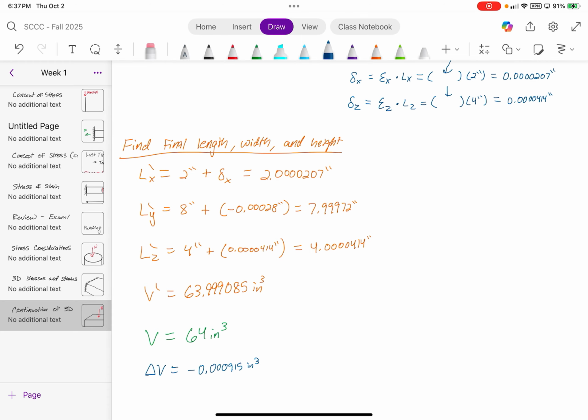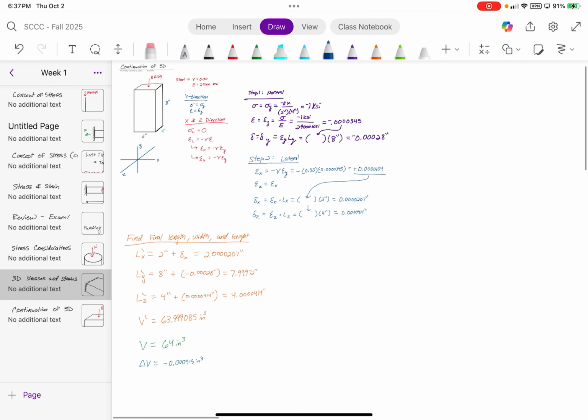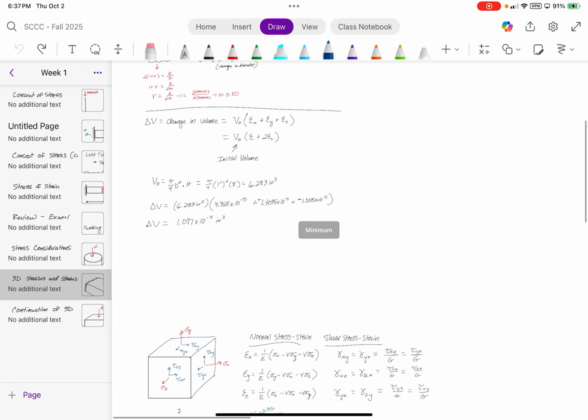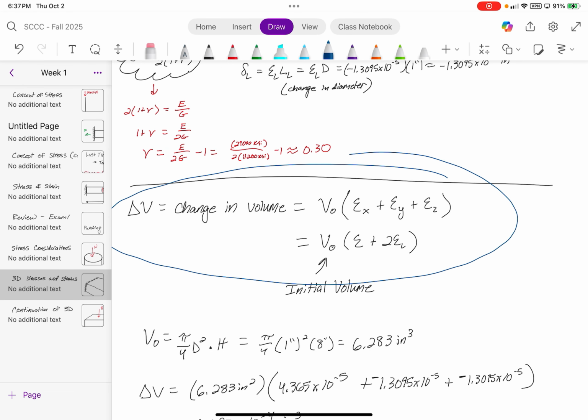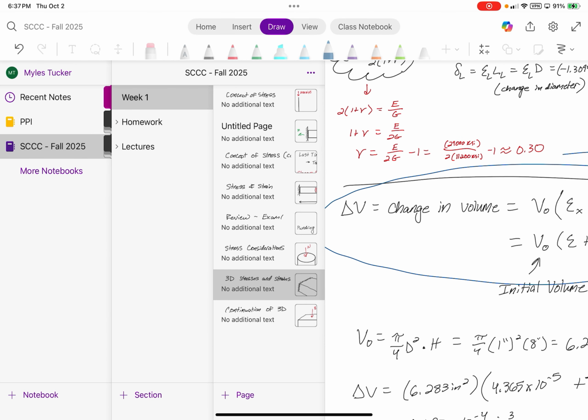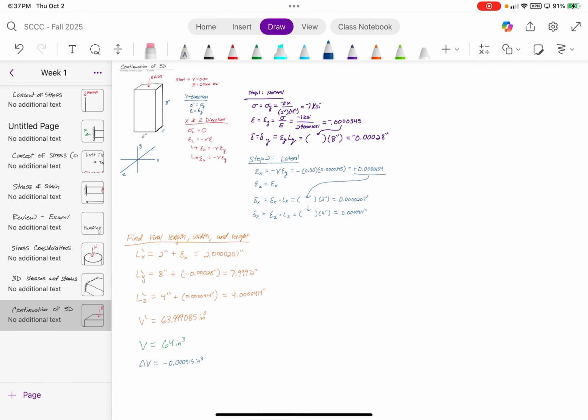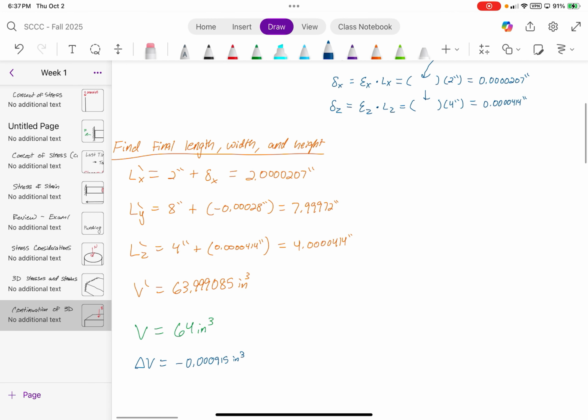Now, why am I showing you this? The reason is because last class I specified an equation right here without really giving you too much information as to what it did. So let's take that equation and now just calculate the change in volume.